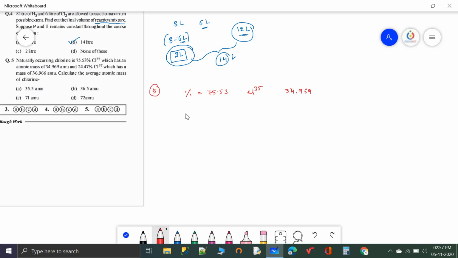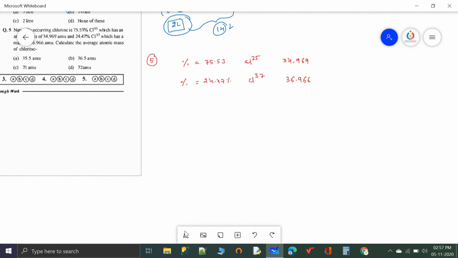Another isotope is given, with a percentage of 24.47%. This is chlorine 37, whose atomic mass is close to 36.966 atomic mass units. They are asking us to calculate the average atomic mass of chlorine.